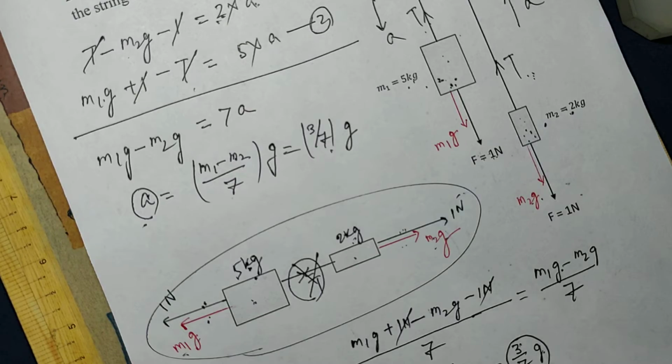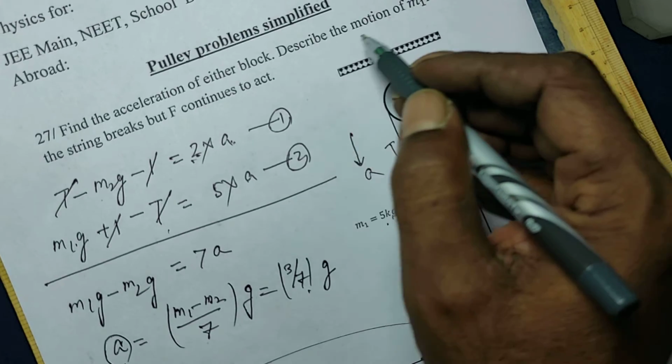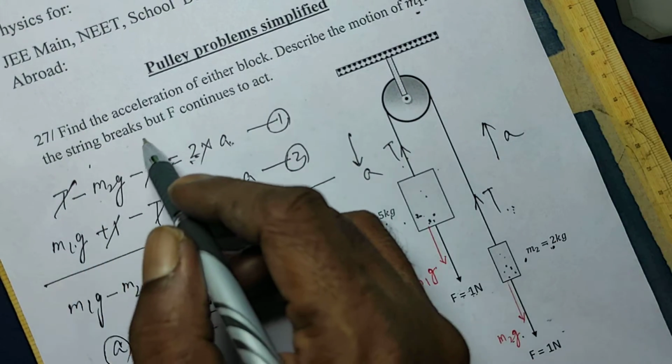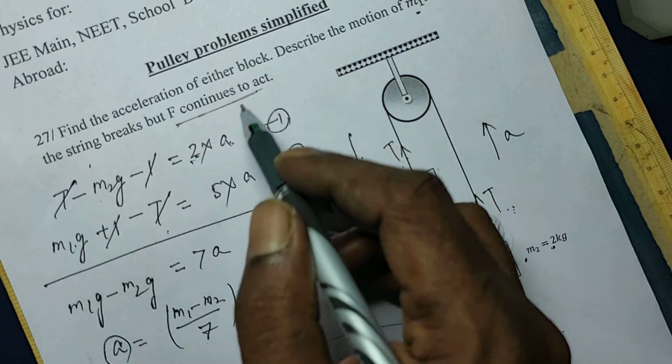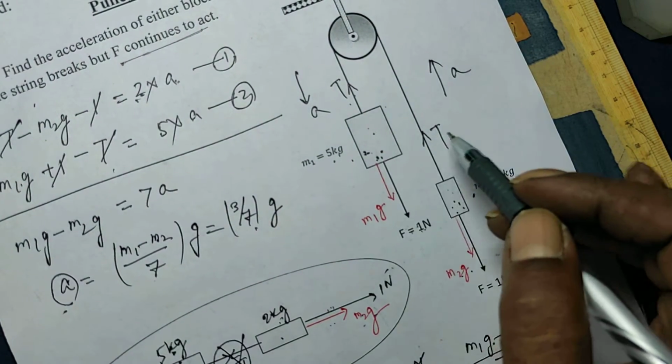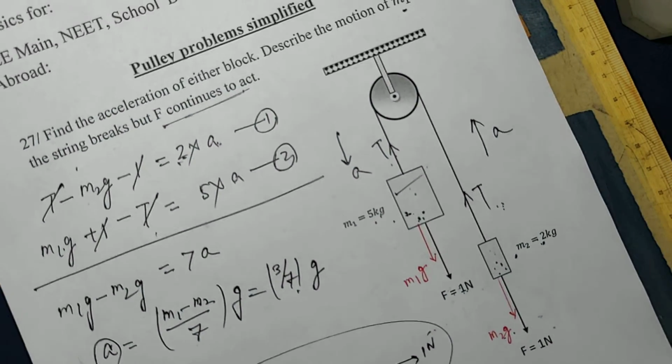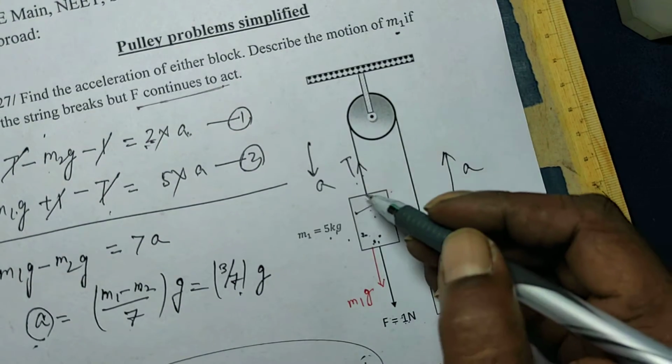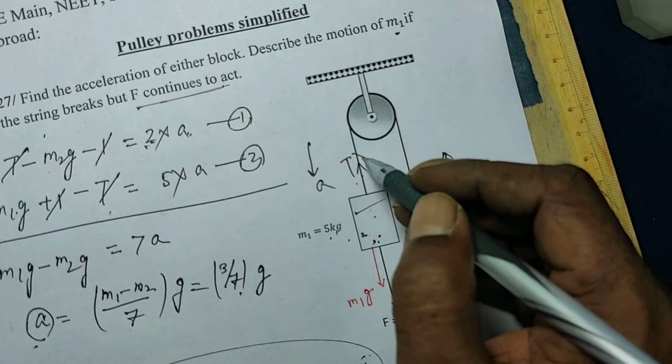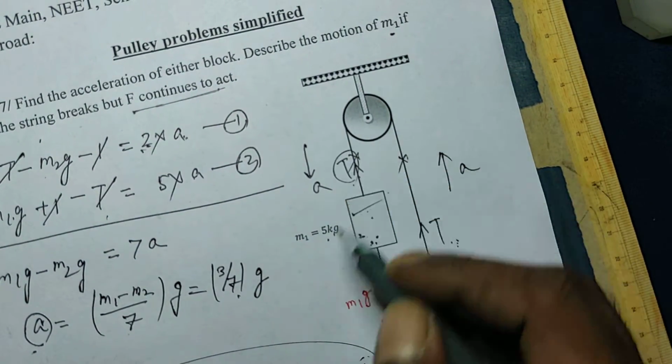Now the second part of the question is: describe the motion of M1 if the string breaks but F continues to act. Look at this, it is taken as your M1. If the string going around it breaks, it means there is no tension.